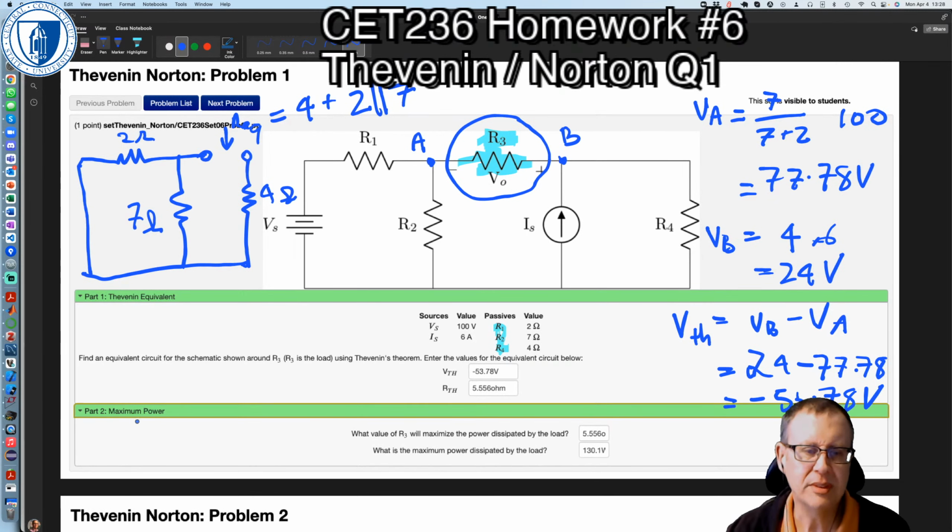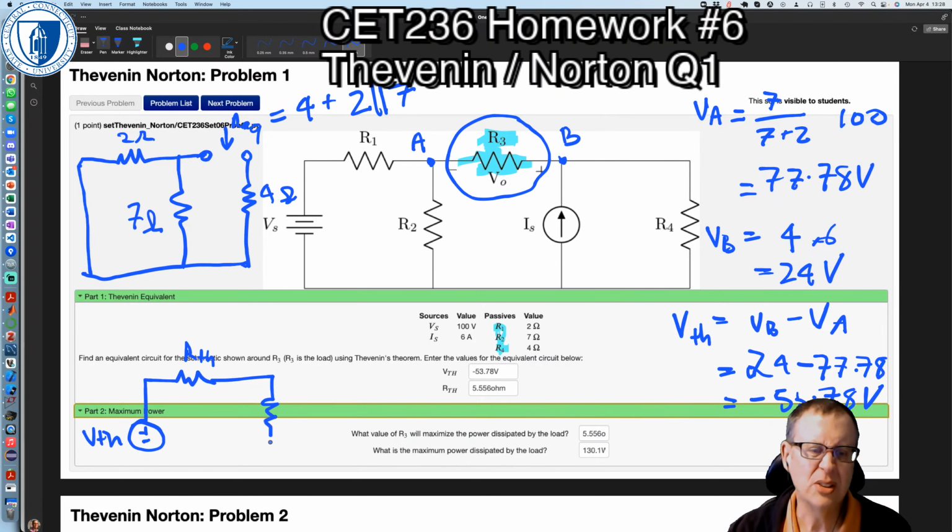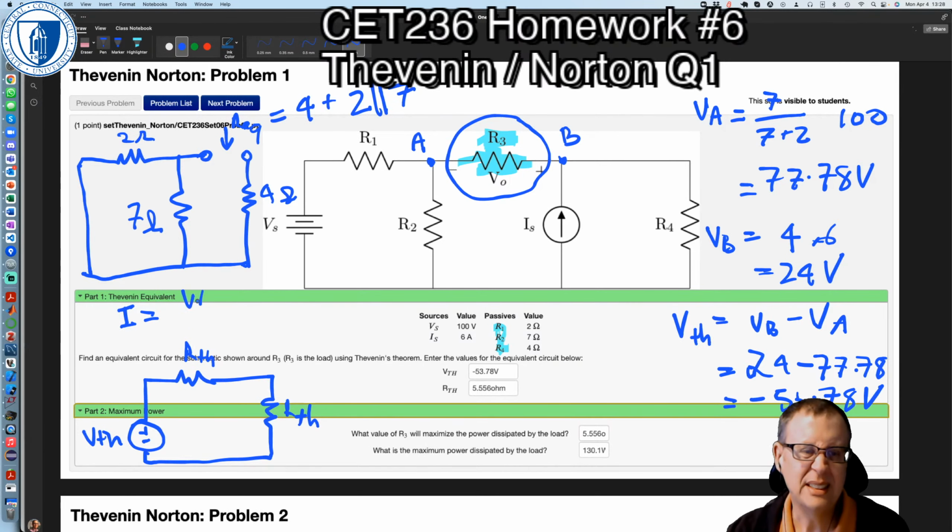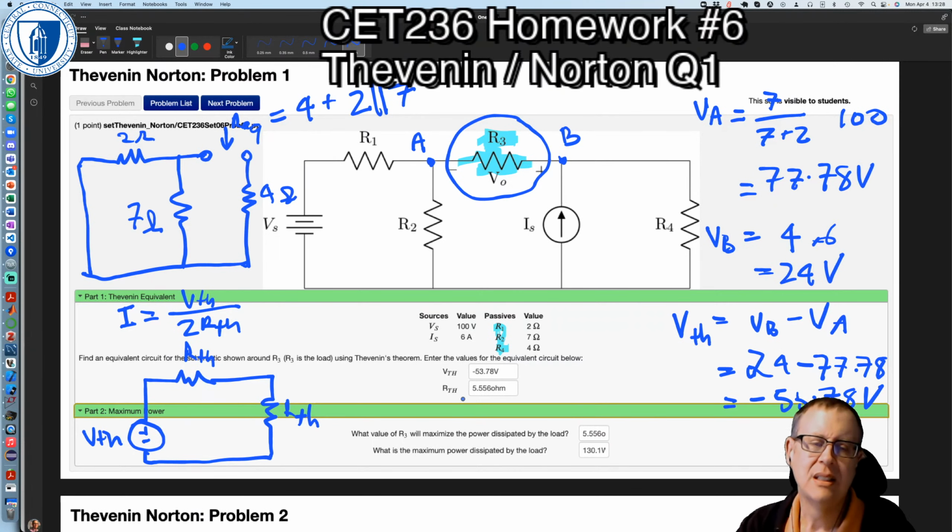So remember, now what we've got is we've got a VTH, and we've got our RTH, and at maximum power dissipation we've got another RTH, right? So our current is going to be VTH on 2 RTH, right?